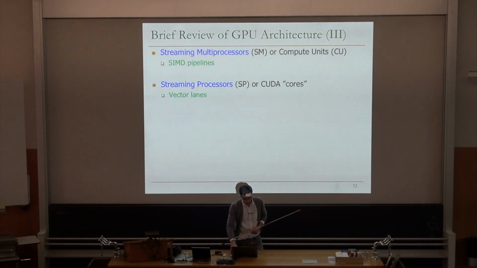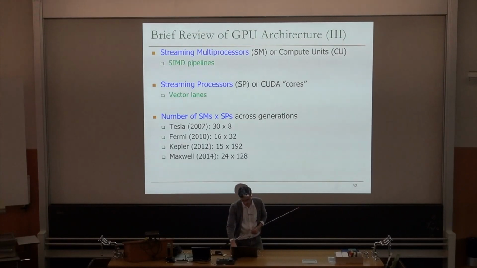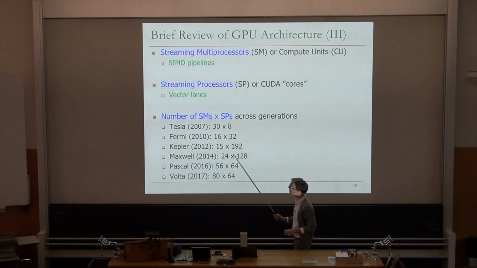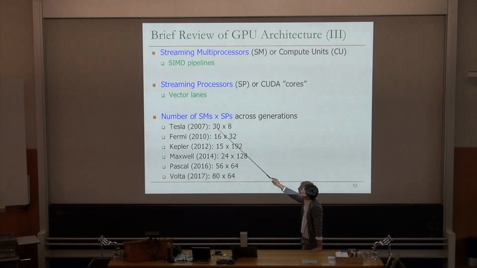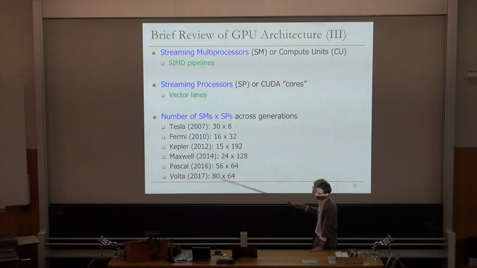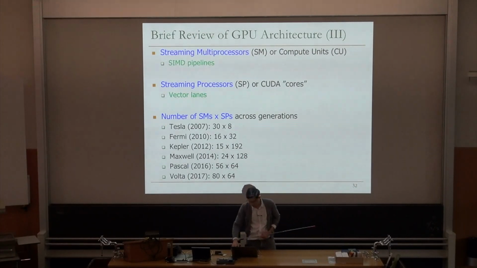Okay, here is a little bit of terminology that we have already discussed previously, and you can see some numbers to compare the number of SIMD pipelines and the number of vector lanes in each of the generations of NVIDIA GPUs.